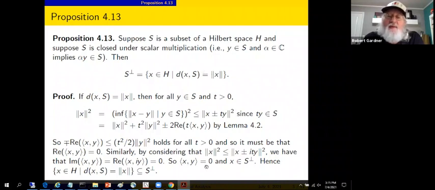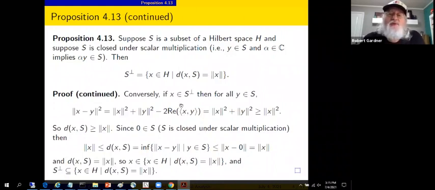And we've shown that that implies s is in S perp. So what we've really shown is this set is a subset of S perp. The vectors x such that the distance from x to S equals the norm is a subset of S perp. We want to show equality, so next slide, we'll reverse that subset inclusion.